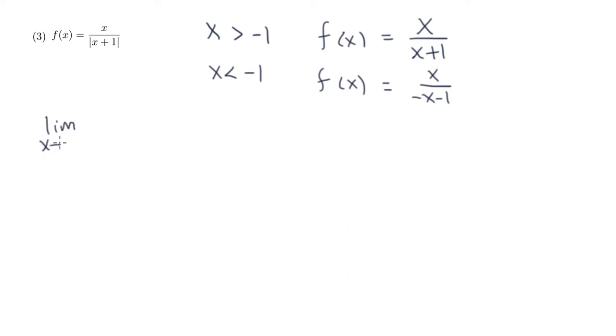So the key is that when we're taking the limit as x goes to infinity, we want to use this first definition. Because as x is a big positive number, x is certainly going to be bigger than negative 1. So this is just the limit as x goes to infinity of this guy.